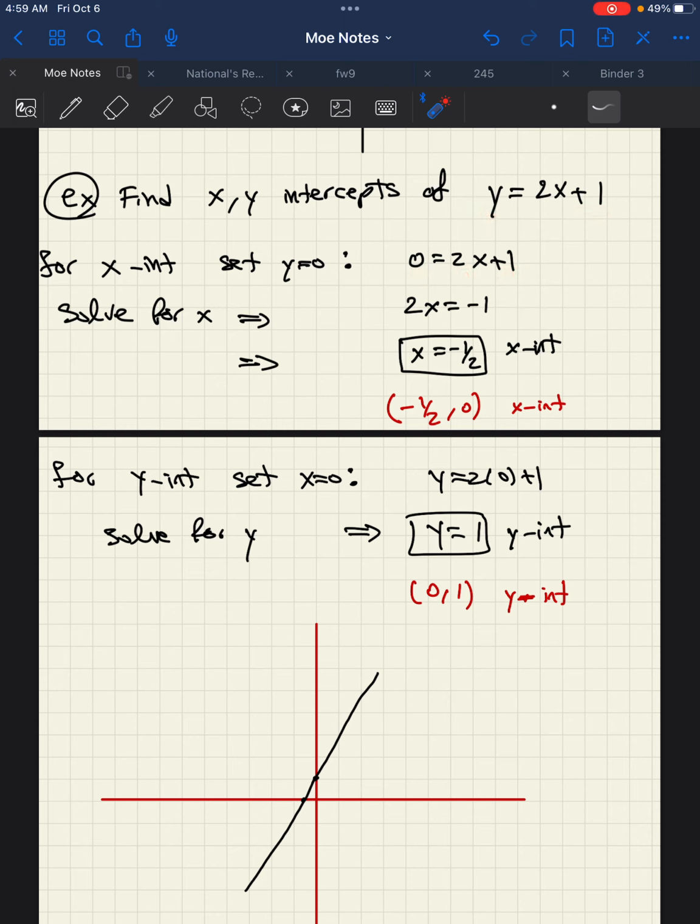So you bring your 1 to the other side. So 2x is equal to negative 1. And then you divide by 2. So x is equal to negative half. That is your x-intercept because you found it by setting y equals 0. Therefore, your point is negative half and 0, because that's your x portion and then your y portion is 0.